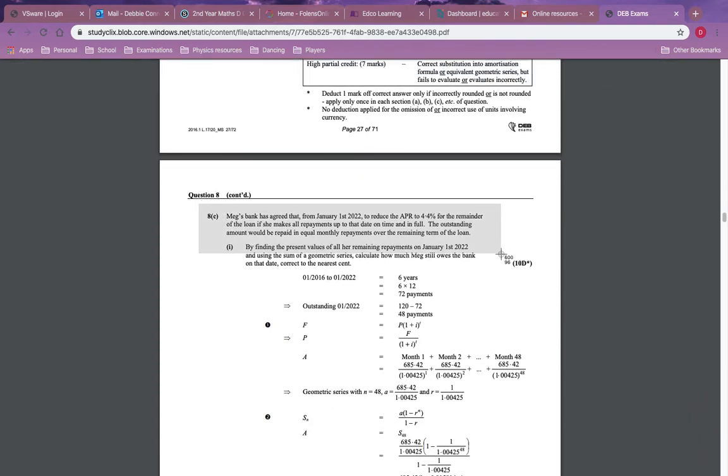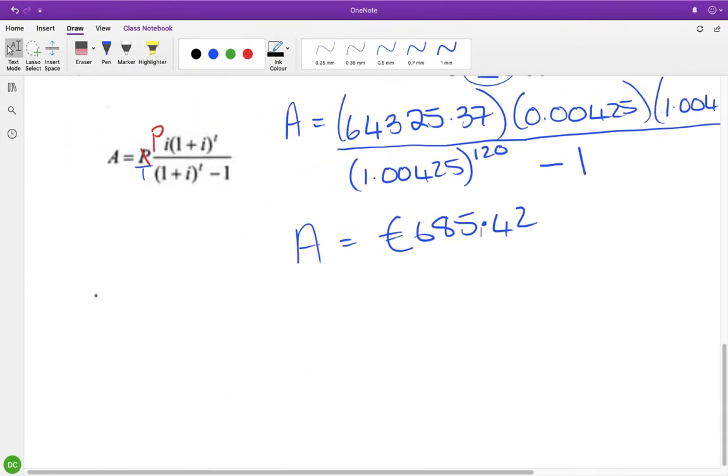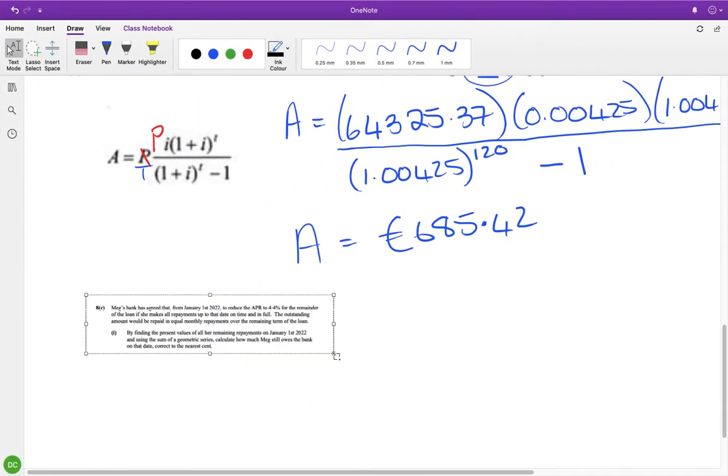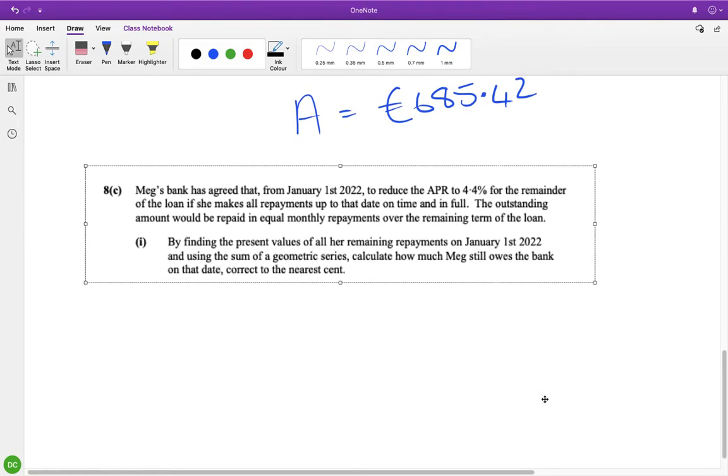Okay, so moving on. Meg's bank has agreed that from January the 1st, 2022, they will reduce her APR to 4.4%.